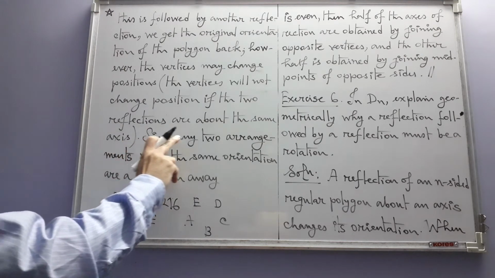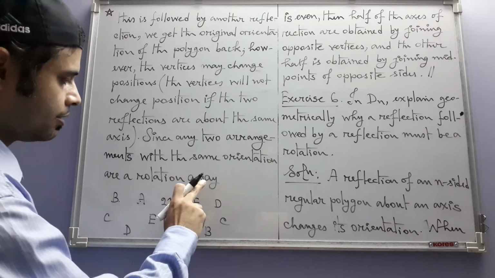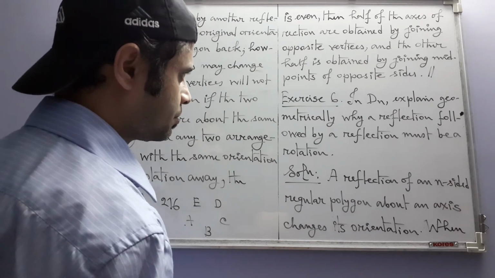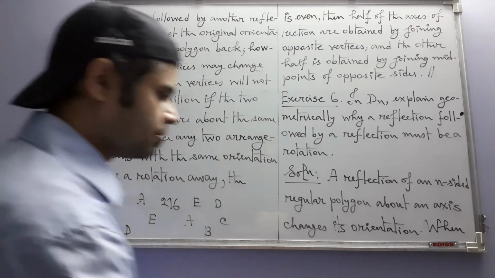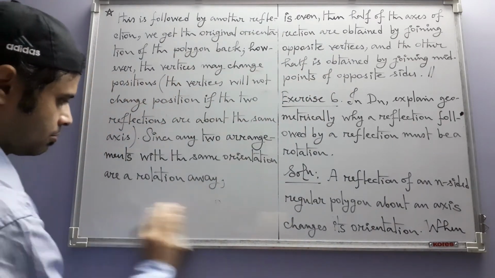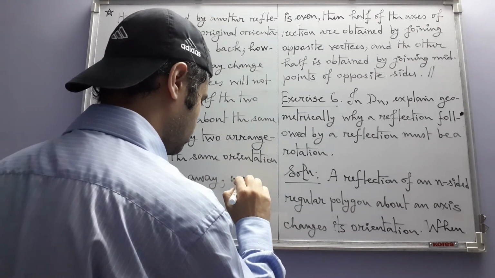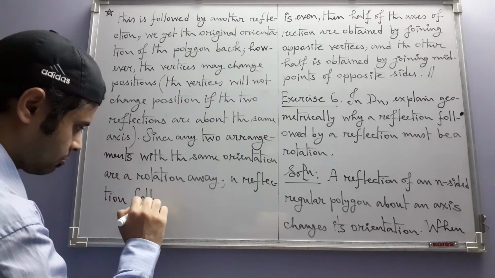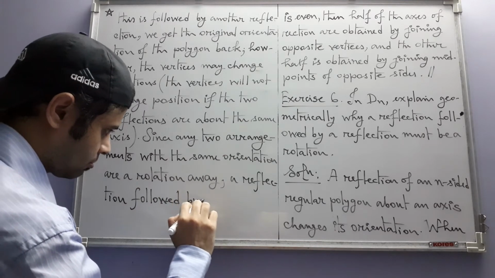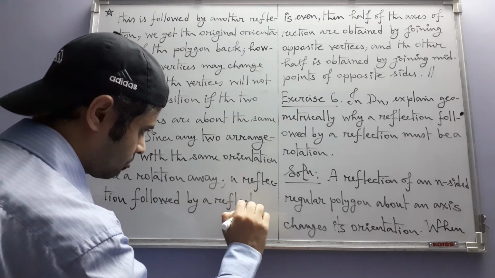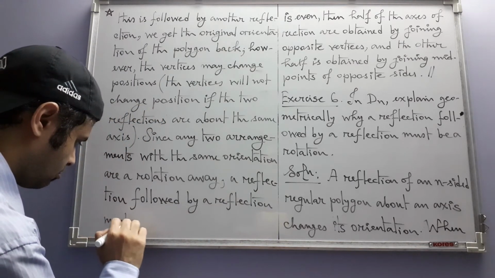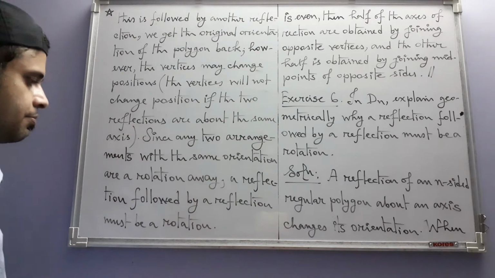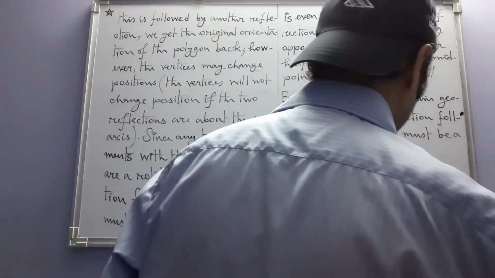So that's why we are saying, since any two arrangements with the same orientation are a rotation away, a reflection followed by a reflection must be a rotation. So here the solution ends.